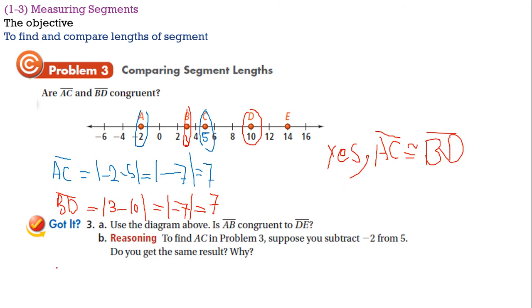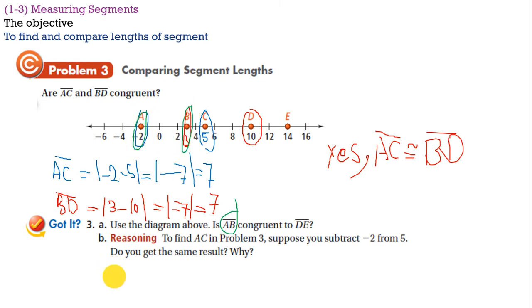Let's do the exercise. Use the diagram above. Is AB congruent to DE? We did not find it, so let's just use another color to find AB. So A is this one, B is this one.